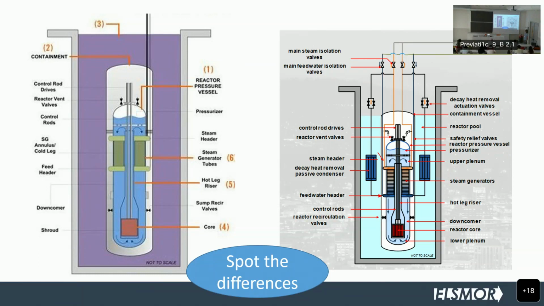So when we open these to ensure core cooling, what are we actually breaching when it comes to physical barriers? We see that there are 3 barriers and then we go to the 4th. Hopefully we still have a few intact, but we are destroying one of the physical barriers to ensure core cooling, which means we are ensuring one safety objective by diminishing the layers of defense in other safety objectives, which is something that we actually don't want to do.